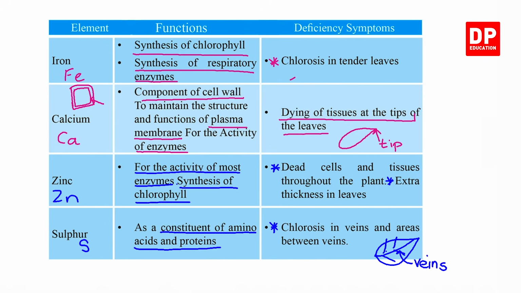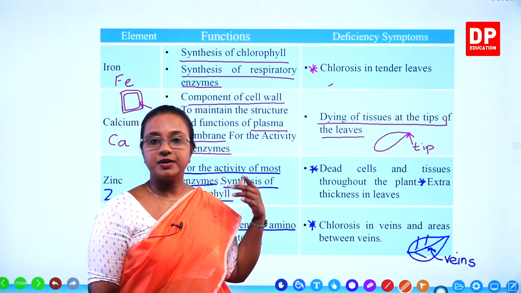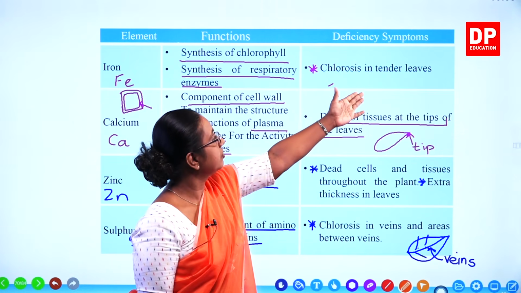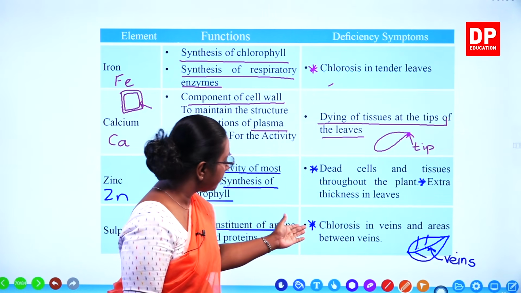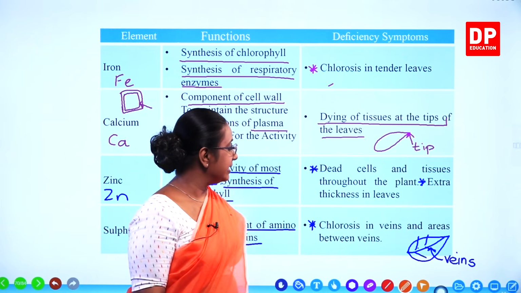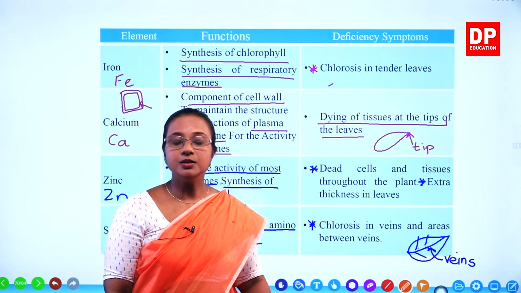So, as you can see, there is chlorosis caused due to different deficiencies. If it is iron, chlorosis in tender leaves. If it is sulfur, chlorosis in veins and areas between veins.